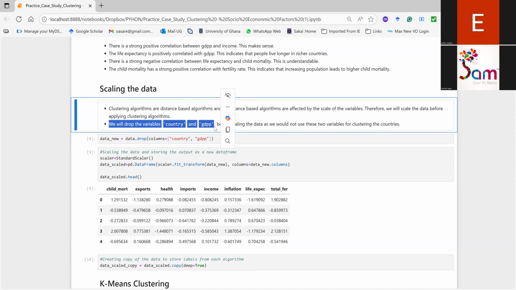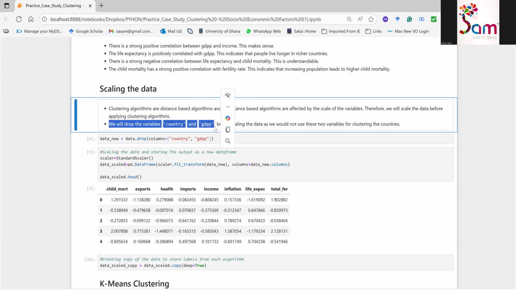Why are we dropping the GDP per capita from the data before we do the scaling? When we go back to see the box diagram, we see that GDP per capita has the most outliers, a lot of outliers in the box diagram. That's what I think.